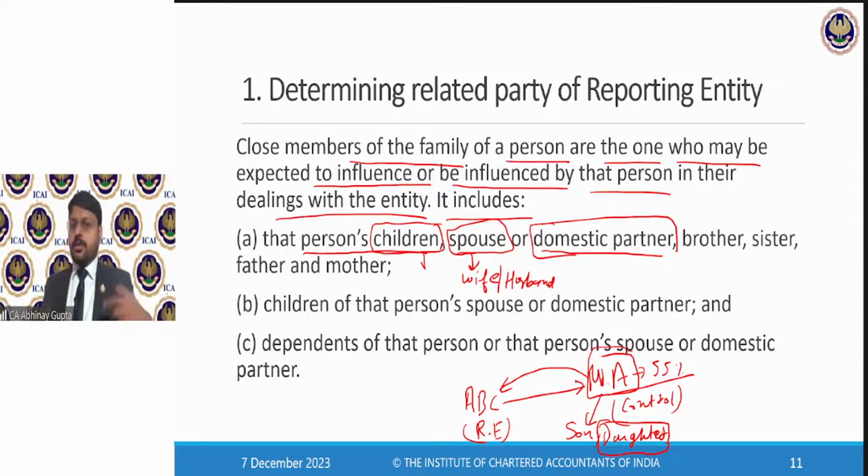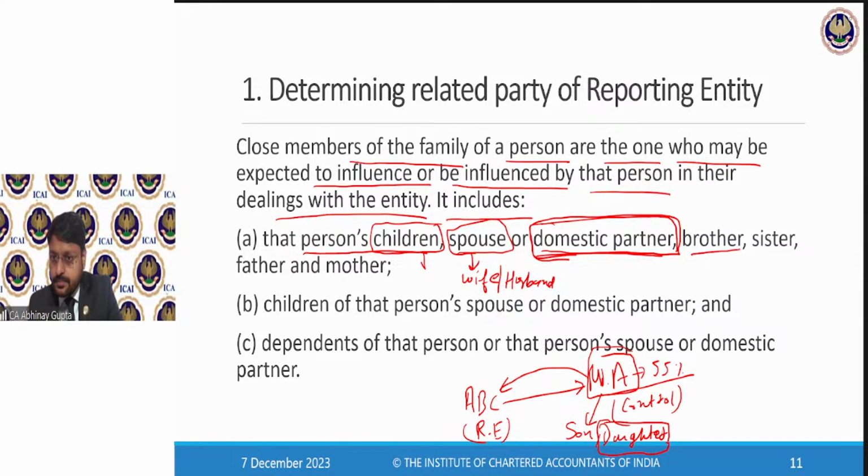And from that perspective, because these certain relationships are legal relationships in those Western countries, they have considered this domestic partner as well. So even if the marriage did not take place, if they are having a relationship with any of their partners, those domestic partners will be covered, right? Because they have influence similar to what wife has or husband has, so they are also covered.